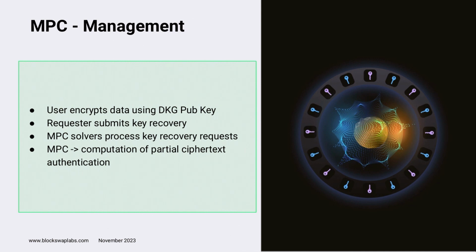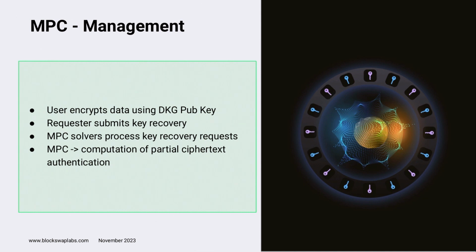And the user could encrypt some data. For instance, in our Stakehouse protocol, it is a BLS signing key, but in general, it can be whatever data you want. And then let's imagine that you also have a requester who submits the key recovery.